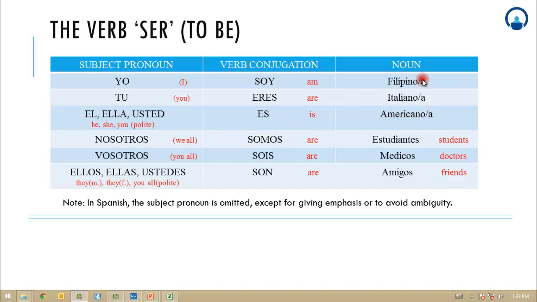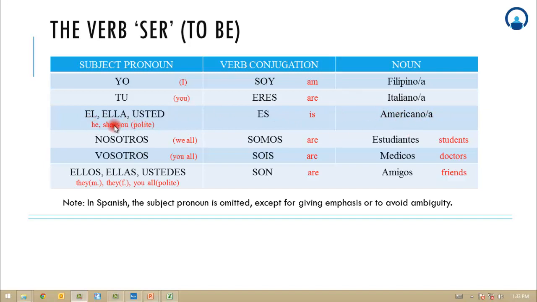Now if you notice, there's a slash a over here. That means for the masculine, the words or the nouns end with o, and for the feminine it ends with a. So if I am saying él es americano, he is American, he means masculine and therefore americano.